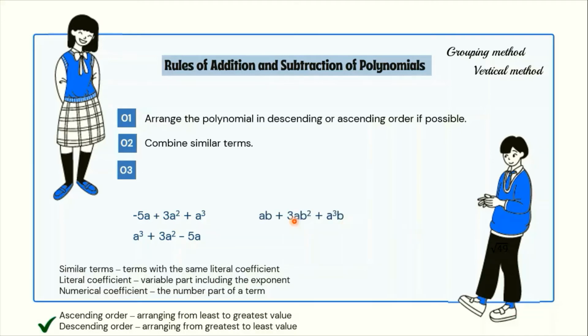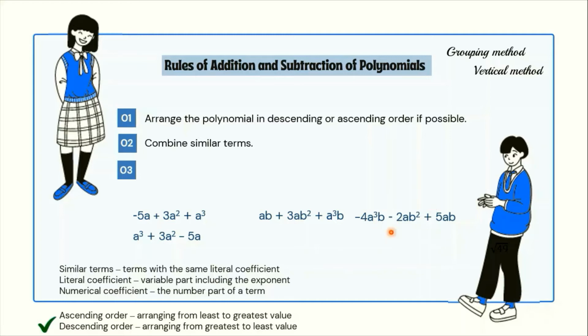We have here ab plus 3ab squared plus a cubed b. If we are to add or subtract this polynomial to another polynomial, -4a cubed b minus 2ab squared plus 5ab, we need to combine the similar terms first, yung mga magkakapareho.